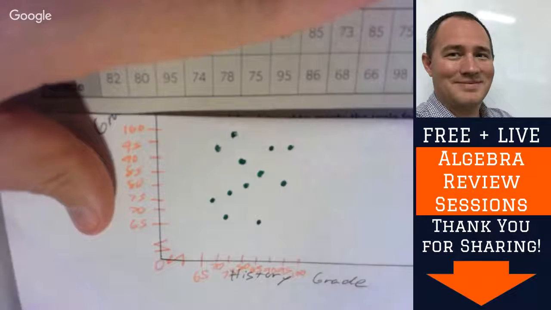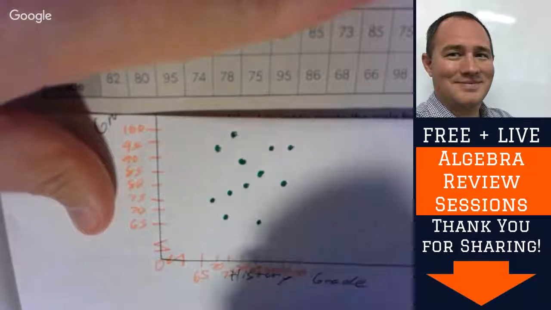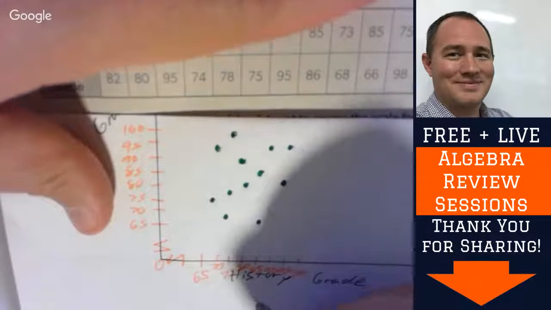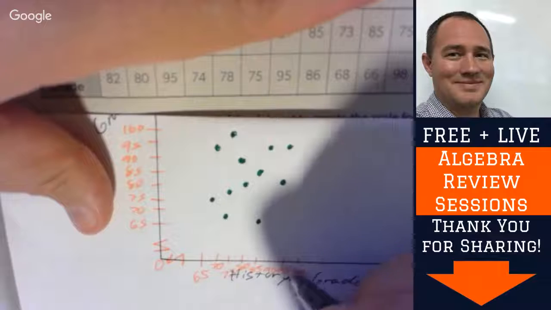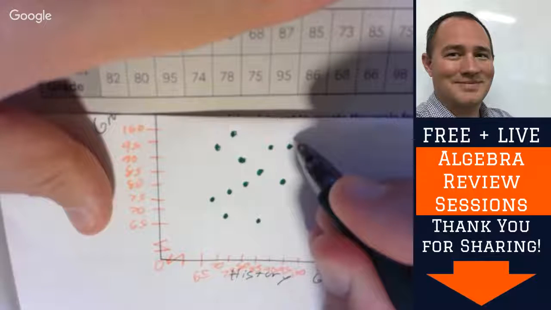Now, so far, is there any type of correlation? We have a positive slope or a negative slope, or does it seem like things are all over the place? Start thinking about that.